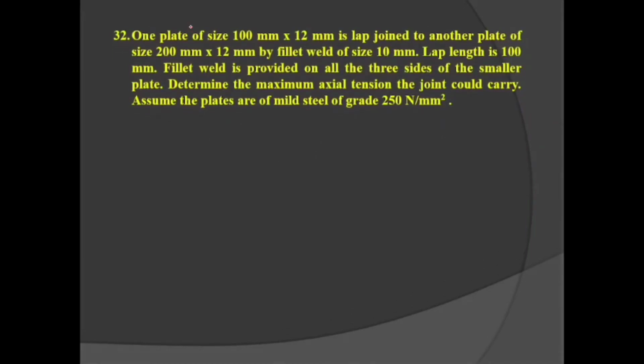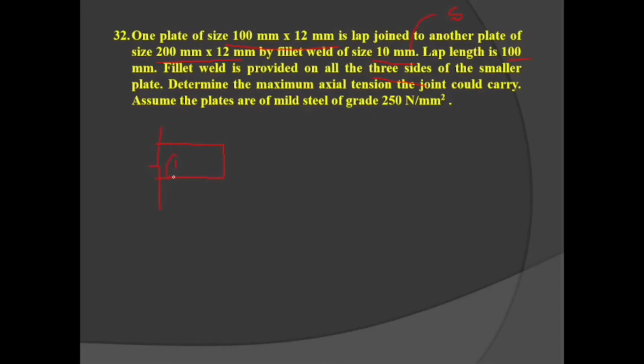Now the 32nd question is: one plate of size 100 by 12 is lap jointed to another plate of size 200 by 12 by a fillet weld of size 10 mm. The lap length is given. Fillet is provided on three sides of the smaller plate. Basically the connection is like this.